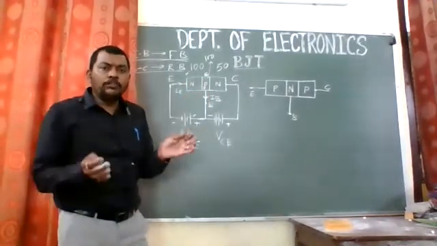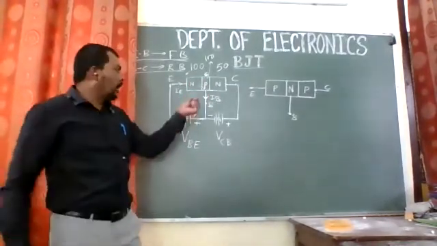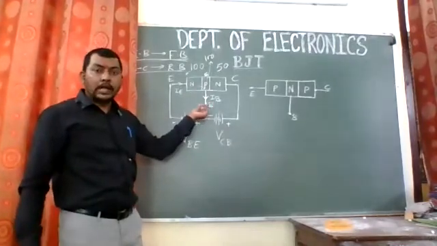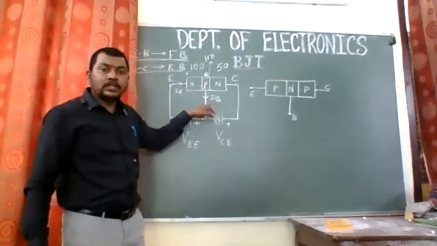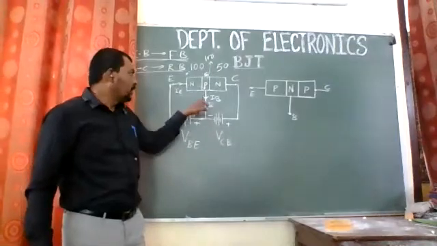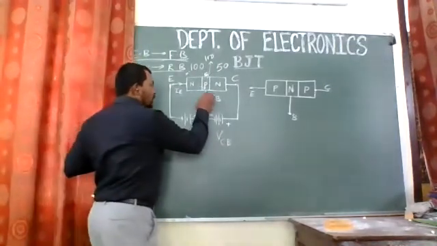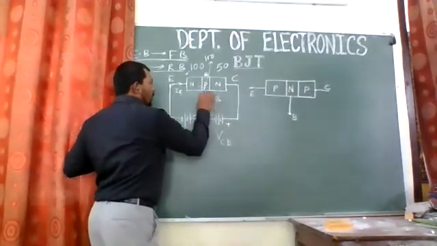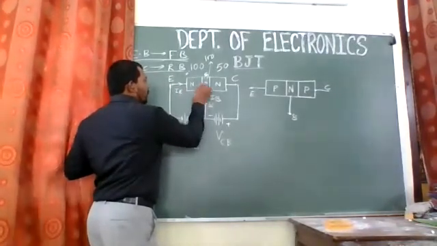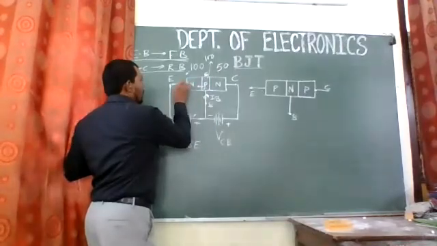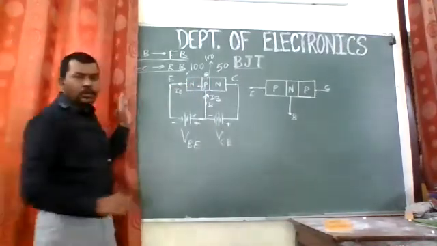So what will happen? Only 5 will recombine, and a small current will start flowing through the base, and we call this IB. So the IB current will flow from this side, and IE will flow from here.